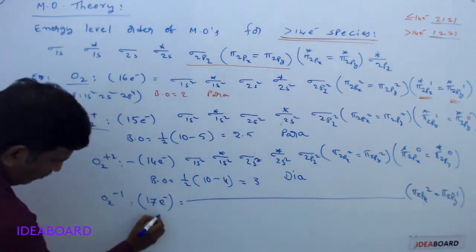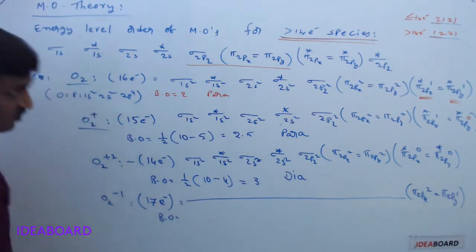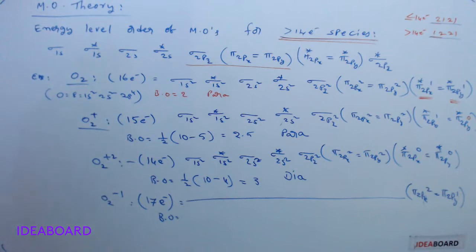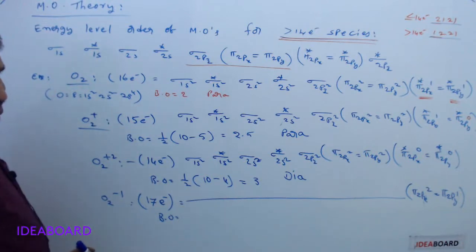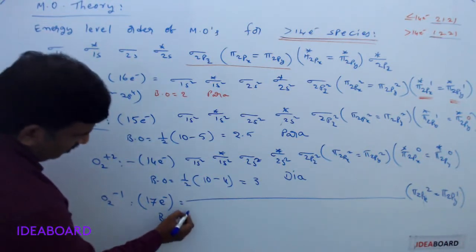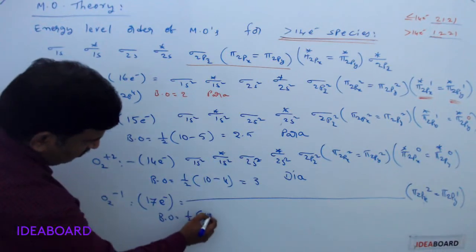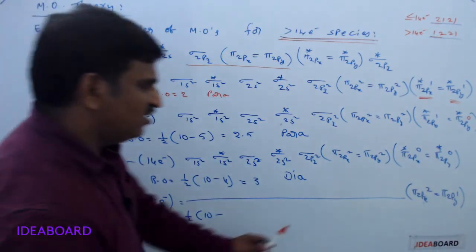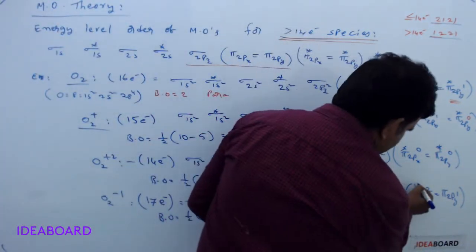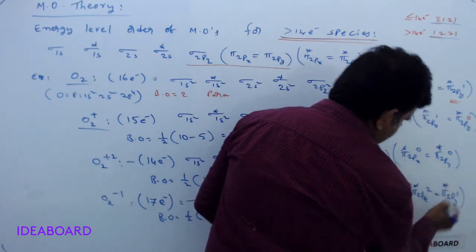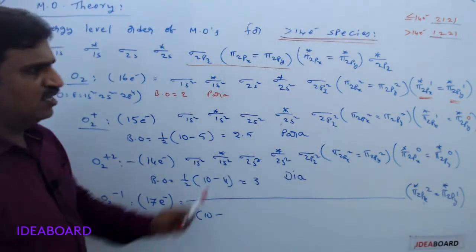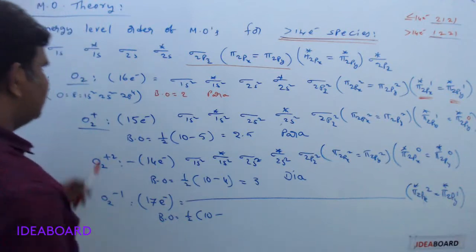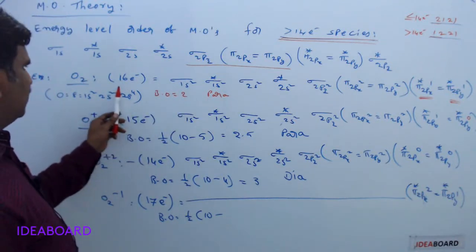Then calculate the bond order. What is the value you will get? Here, half into 10 minus anti-bonding electrons. Sorry, this is a pi star. Anti-bonding electron number is increasing.